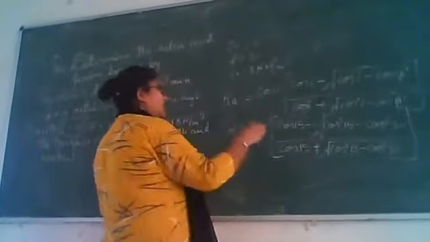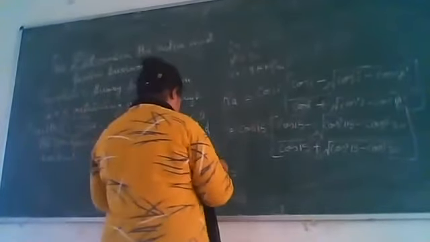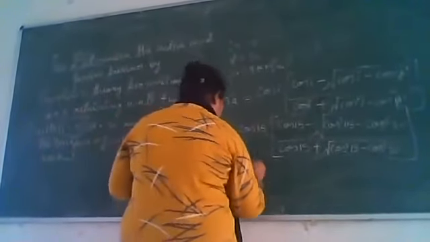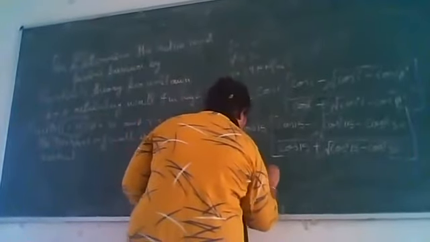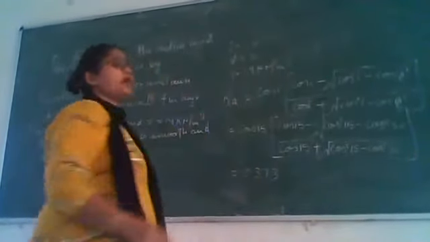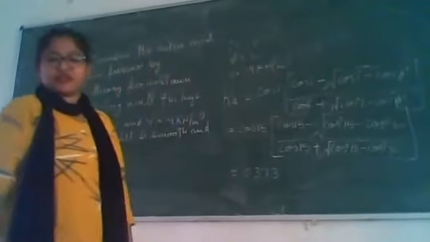After the calculation, my value is 0.373. This is my coefficient of active pressure's value.